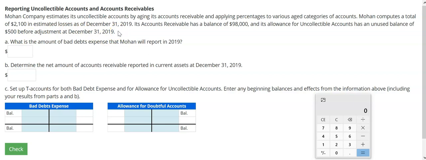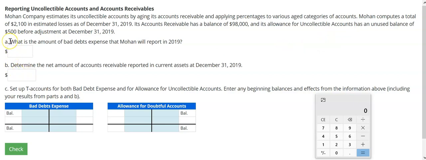What that means is that we didn't have quite as much bad debt expense as we had anticipated. So if we started off with $2,100 as our estimate, and we still have $500 of that left, these would be credit balances in this allowance for uncollectible accounts or credit losses, whatever terminology we want to use.